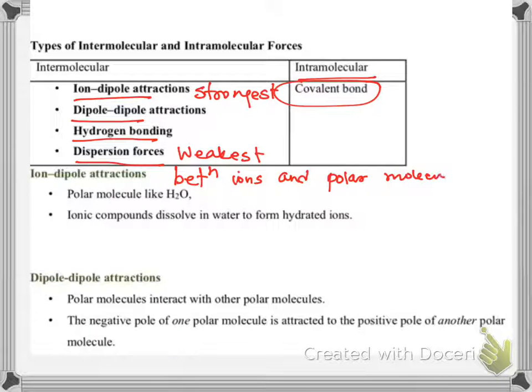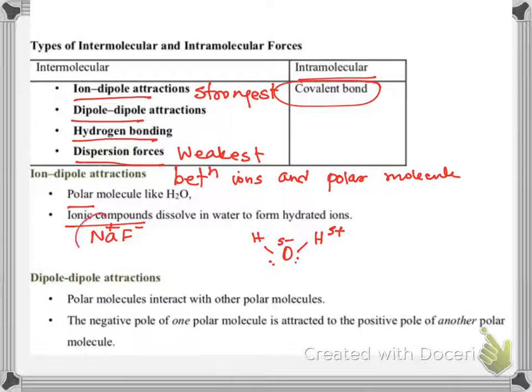So for example, let's take an ionic compound like NaCl or NaF. Na is positively charged, F is negatively charged. And a polar molecule like water. This is the water Lewis structure, oxygen with partial negative and hydrogen with partial positive charge.